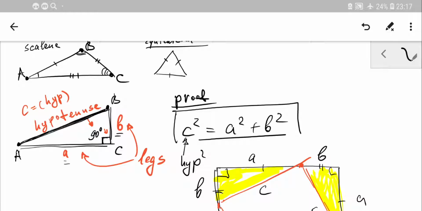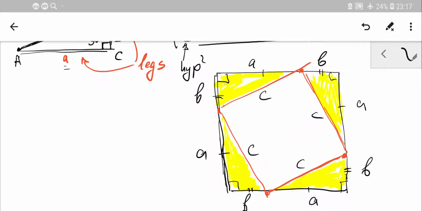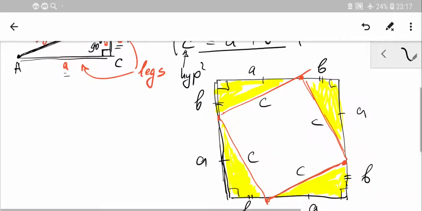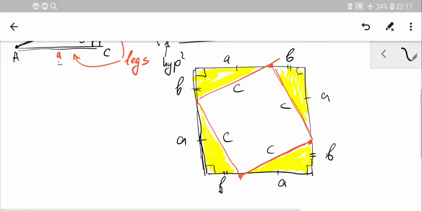Now it's time to prove. So actually, if we consider similar triangles marked as yellow, we need to prove that c squared will be equal to a squared plus b squared. Okay, let's try to do it. So what you can do, actually, you can figure out the area of, let's say, the complete square, this big one, which has the side a plus b, and we can figure out the area of this square through the areas of four right angle triangles and the area of this inscribed red square.